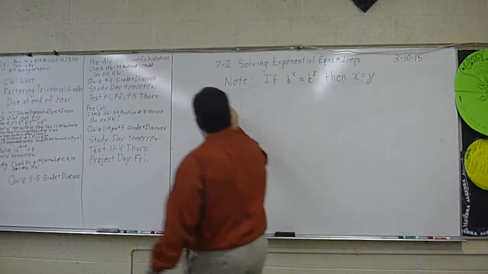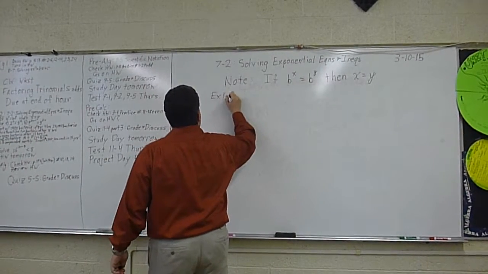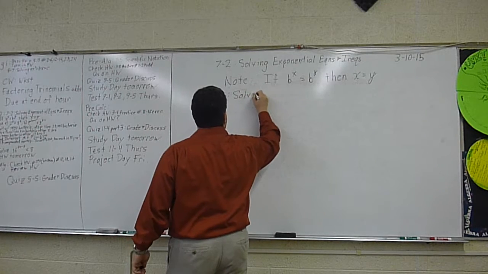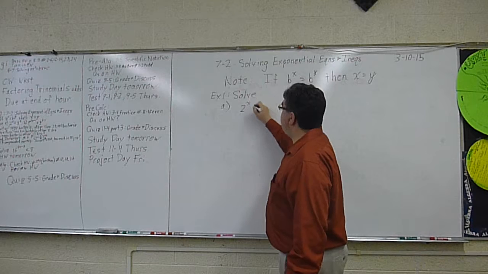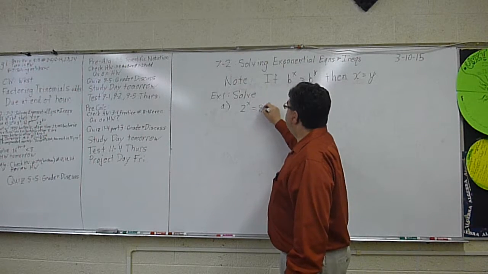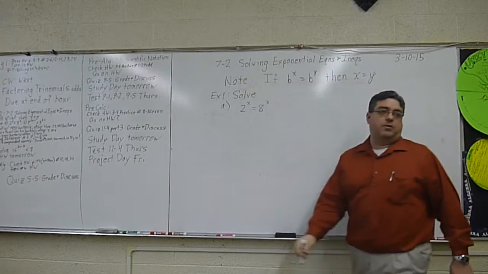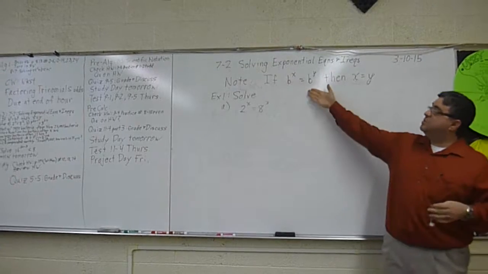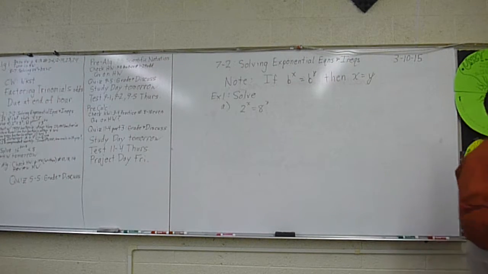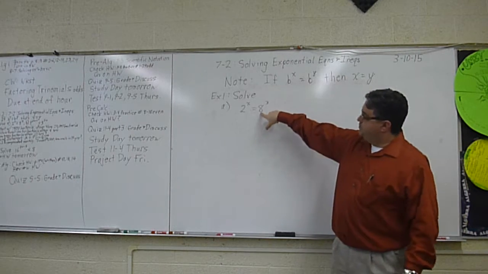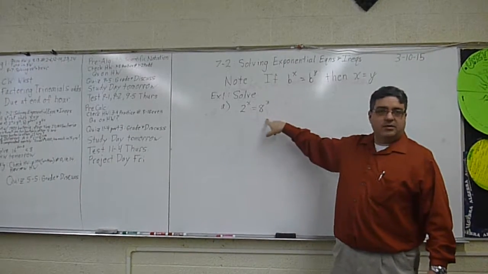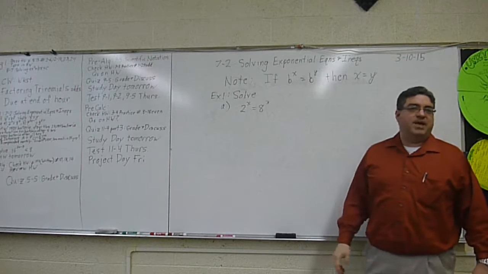And that leads us directly into example 1, where we are going to solve a couple of problems. The first one is 2 to the x power equals 8 to the third power. Now the idea is to use this idea. The way we're going to use that idea is by changing everything to the same base.